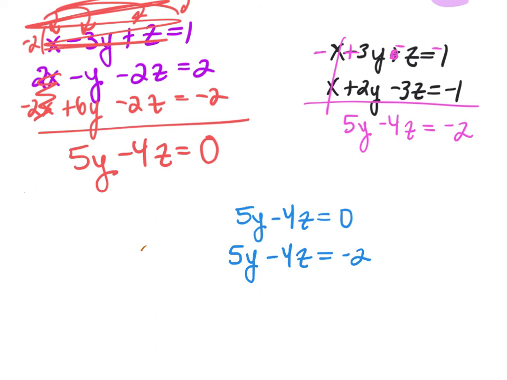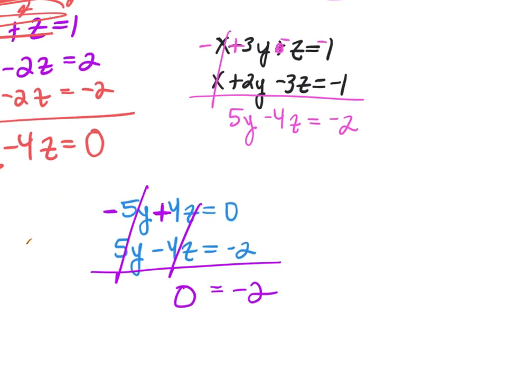So I'm going to say just the top one. This becomes negative, positive. Is negative 0 a thing? Okay. So combine negative 5y, positive 5y. Nothing. 4z minus 4z. Nothing. So I'm left with nothing over here equals negative 2. Is that true? So what's my answer?